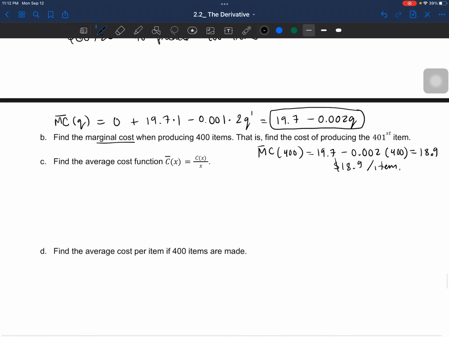All right, so we found that. Now we're going to find the average cost function. We have to be careful because this one is Q. Let me just rewrite it here.